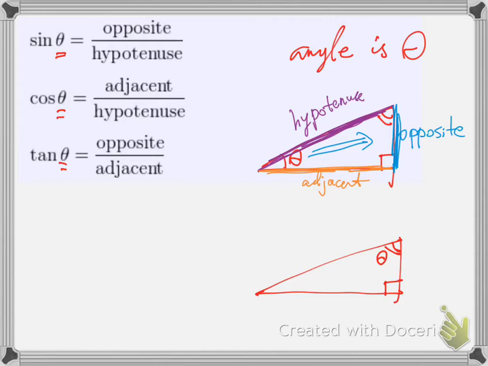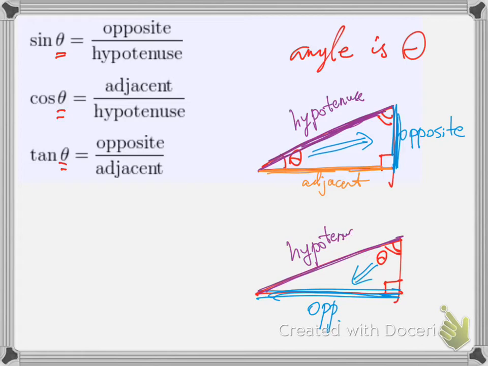Then what's the opposite side? So this is the opposite side now, right? This is the opposite side of angle theta. And then the hypotenuse is the same. We cannot change the hypotenuse. Hypotenuse is the opposite side of the right angle. So it doesn't matter which acute angle you choose to be theta, you get the same hypotenuse.